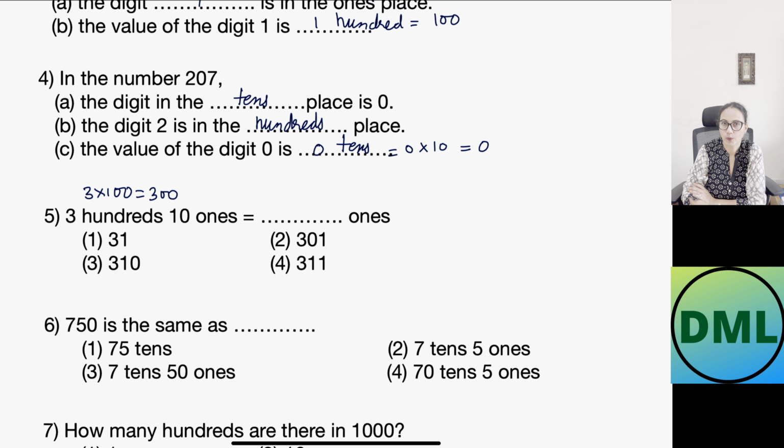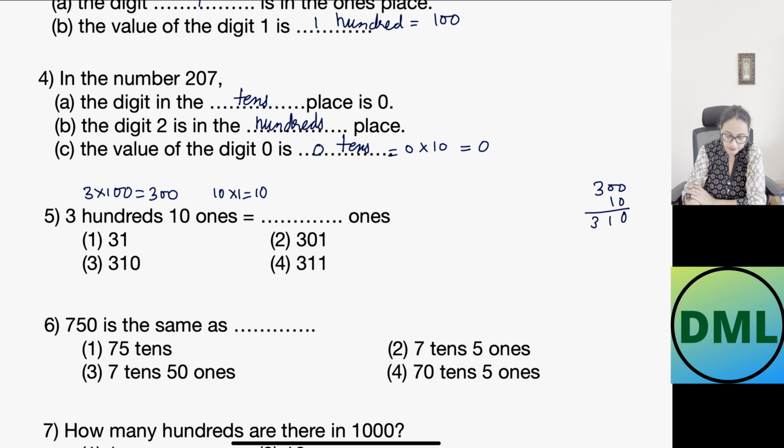Ones means 1. 10 multiplied by 1. That is equals to 10. So my total number is 300 plus 10. If I add it here, 310, my answer is 0 plus 0 is 0, 1 plus 0 is 1 and 3. My number is 310.